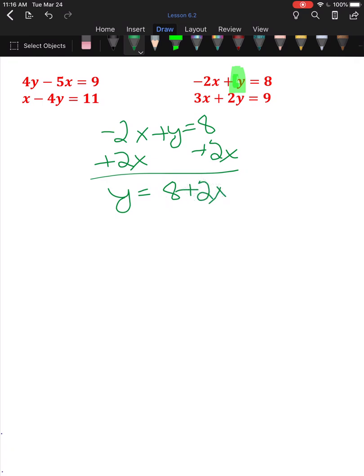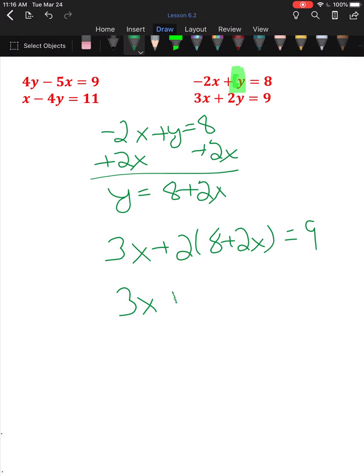I solved the first equation, which means I have to plug this into the second equation. So that's going to say 3x plus 2 times the quantity 8 plus 2x equals 9. Distribute.